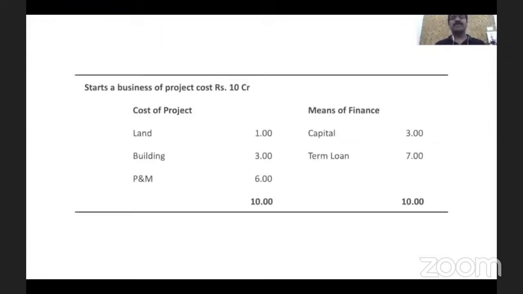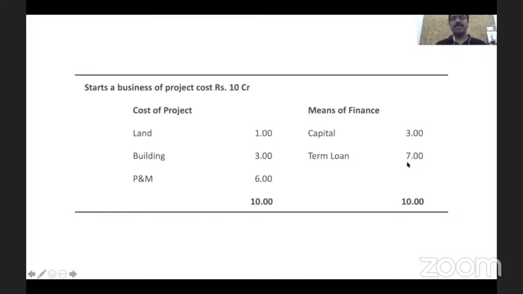Before that, I'll make a disclaimer here. See, this is a project at a cost of 10 crore. Okay, right. And I have 3 crore with me, and without the bank loan of 7 crore, I cannot take up this project, because the maximum funds I have now is 3 crore. And if some small plus and minus is required, I can manage, but I cannot independently take up this entire project on my own.